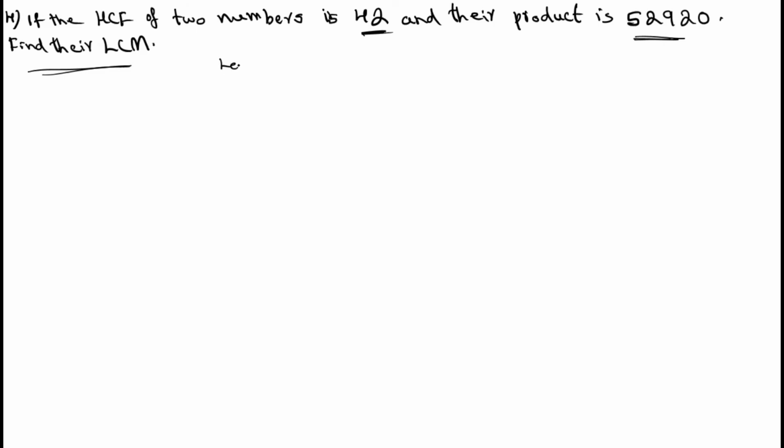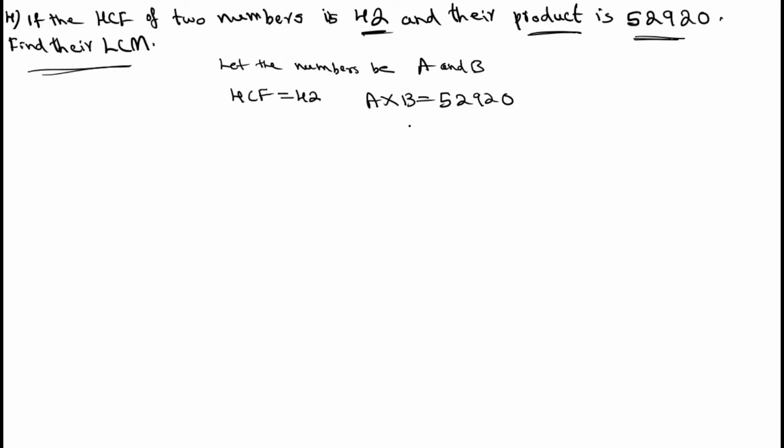Here I will write, let the numbers be A and B. Here I'll write the given data. HCF is equal to 42. Their product, that means product of numbers A into B, is equal to 52,920, is given. Then the question is, you need to find the LCM.